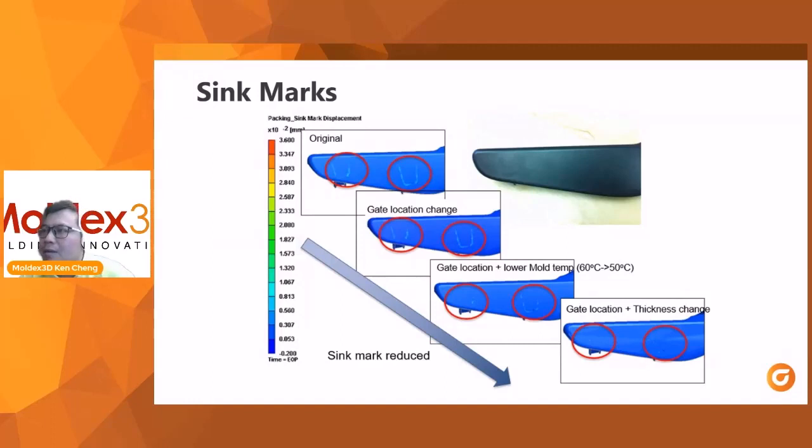However, it does not really help. Then you could change the mold temperature to a lower temperature, because with lower temperature you get frozen layers on the skin. It does help, but eventually we still go back to change the part thickness in order to solve the sink mark issue.